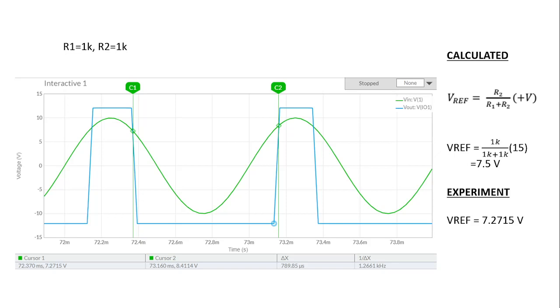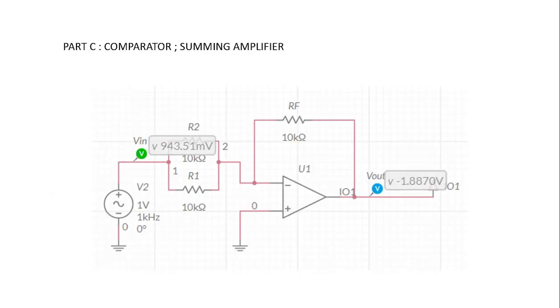The calculation, we get that VREF is 2.5 volt, and in the experiment, at the graph, we get 7.2715 volt. Next, we go to part C, comparator, summing amplifier.